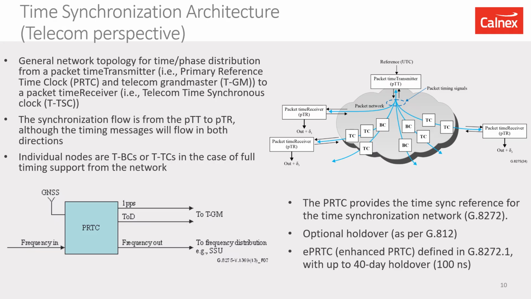Basically, the primary reference time clock is a clock that is defined in G.8272 and G.8272.1 that keeps track of UTC reference within certain performance objectives.